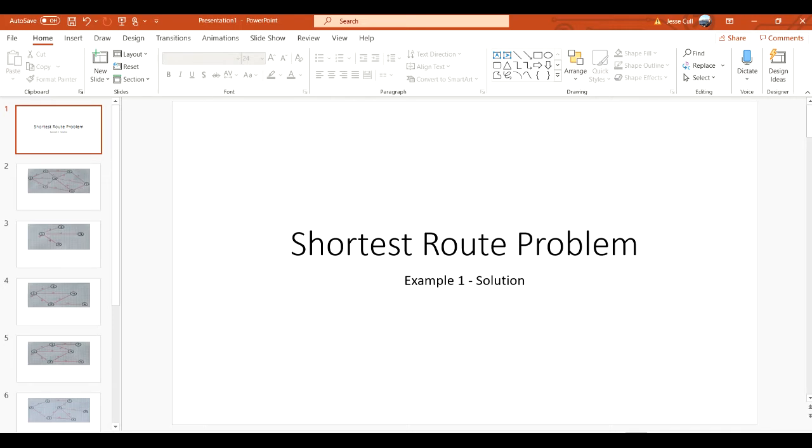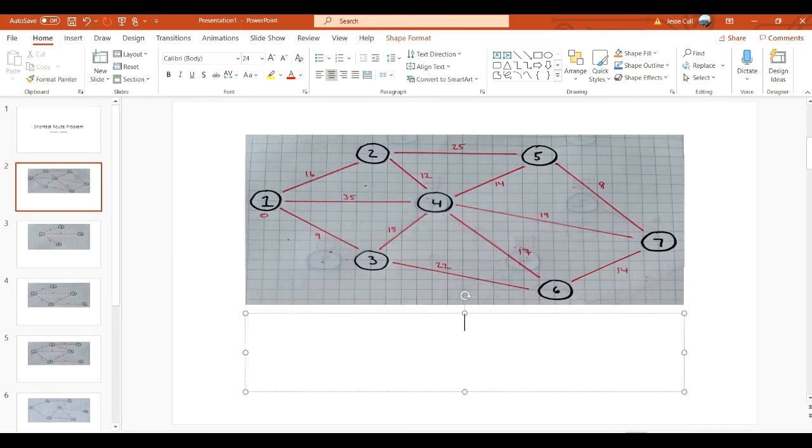So to begin, this is our original network diagram. Each of these nodes, 1, 2, 3, 4, 5, 6, and 7, represents a city as we saw before. Node 1 represents our origin, Los Angeles. Nodes 2, 3, 4, 5, 6, and 7 represent all of the different destinations that we expect to get to. The red lines represent routes we can travel.